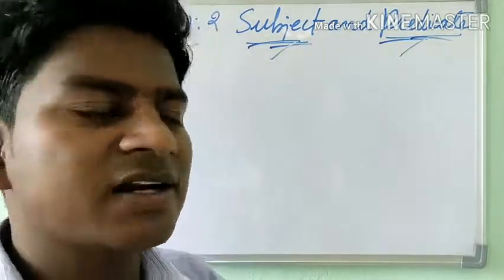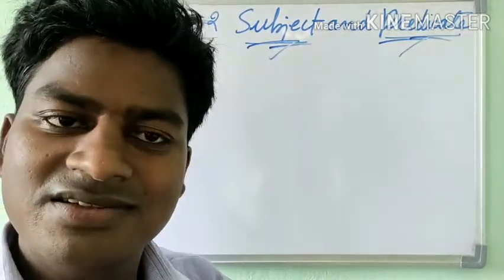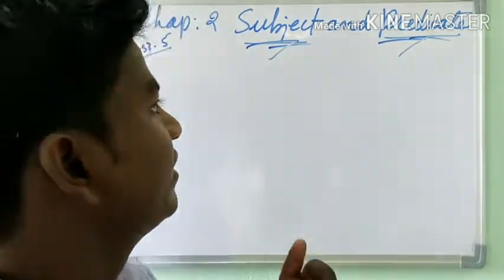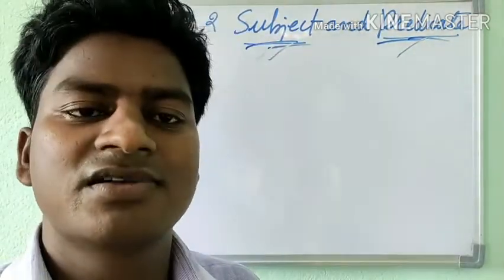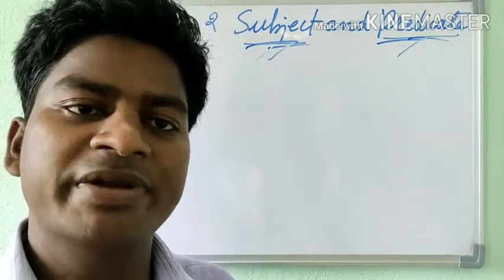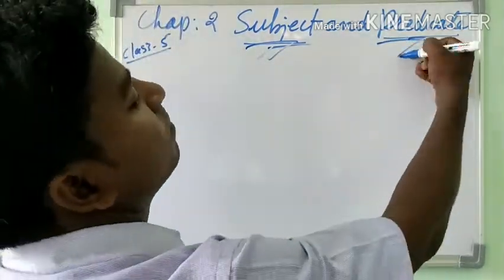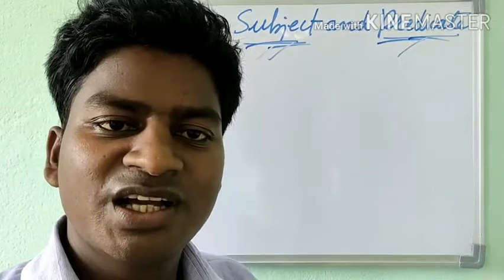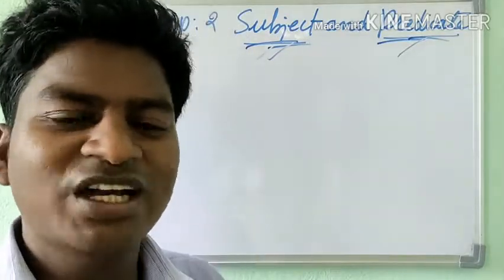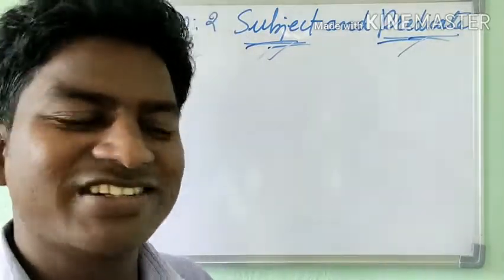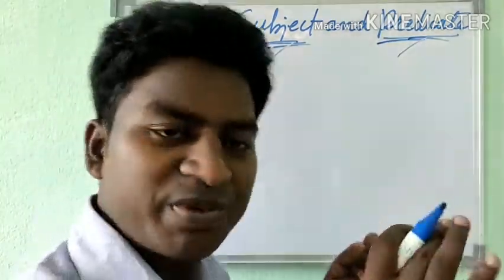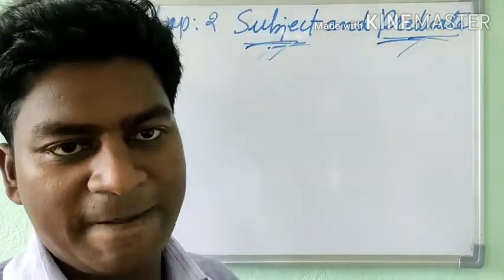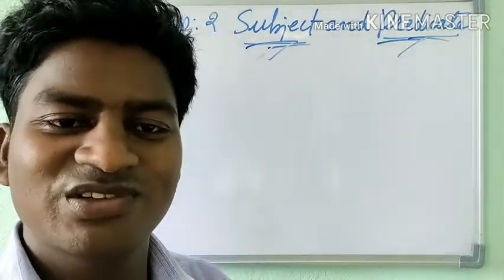The first part of the sentence will be named as subject, and the second part of the sentence will be named as predicate. Now how? What's the rule? Not just simply we can say this is the first part, so subject, and the second part, so predicate. No, not in that way. There is a rule. Okay?